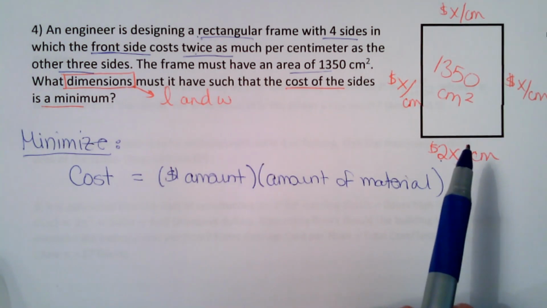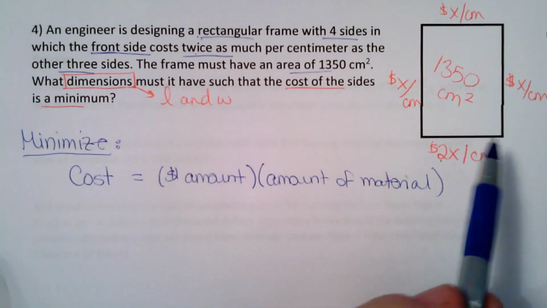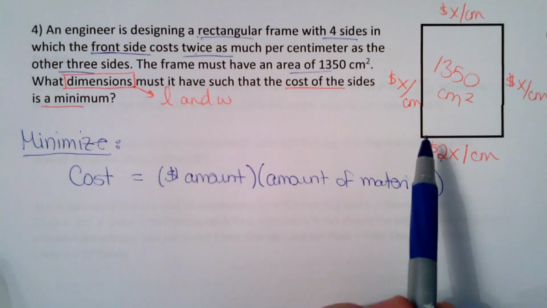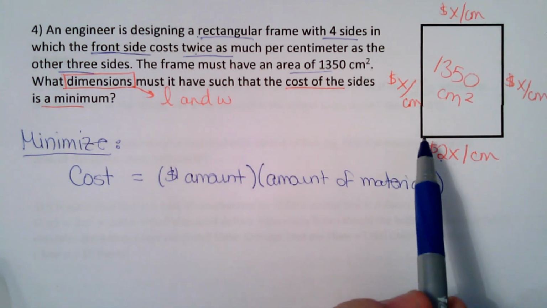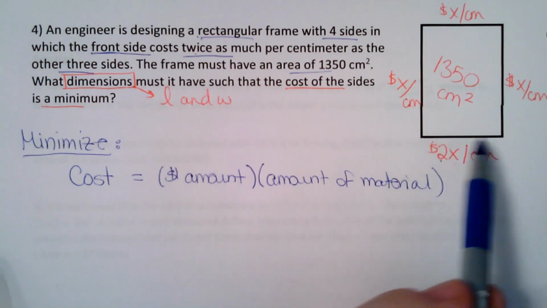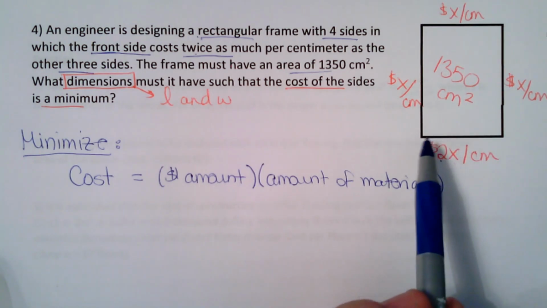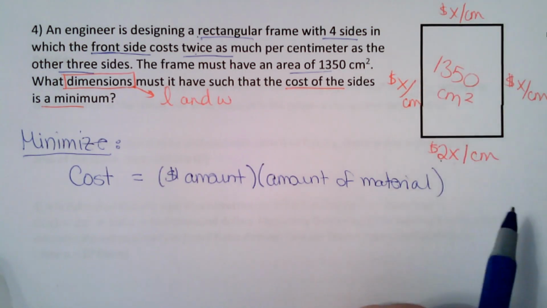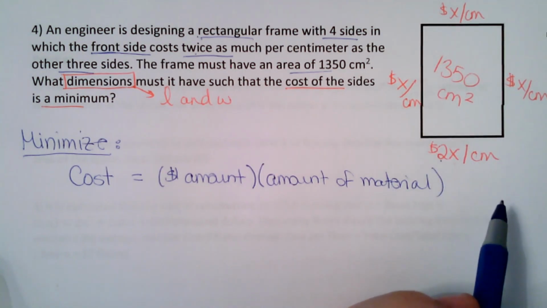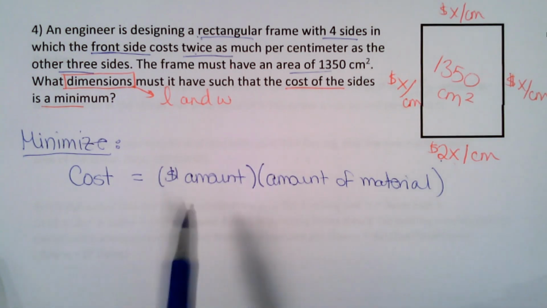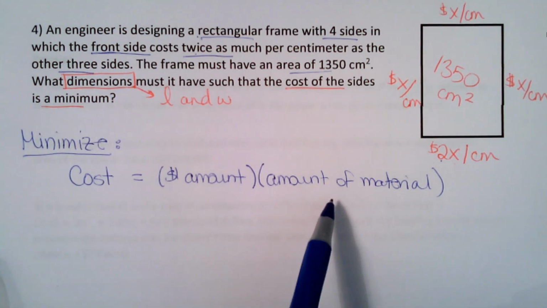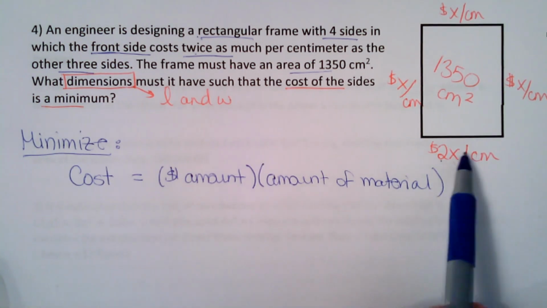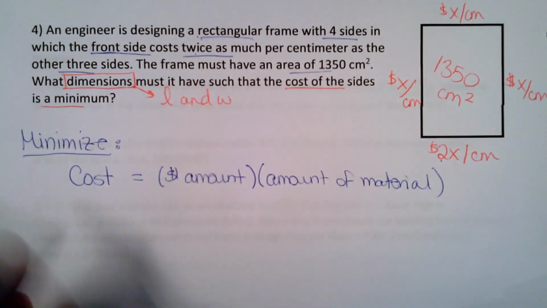But because I've got one side costing a different amount than the other, in fact it costs more, what I'm likely going to be trying to do here is make sure that I keep this one as small as possible, because it costs more, while also making sure I can maintain that area. Okay, so there's a little more going on here, so we have to take into account the dollar amount as well as the amount of material used for that amount, because that's what's going to impact our cost, because there are different amounts.